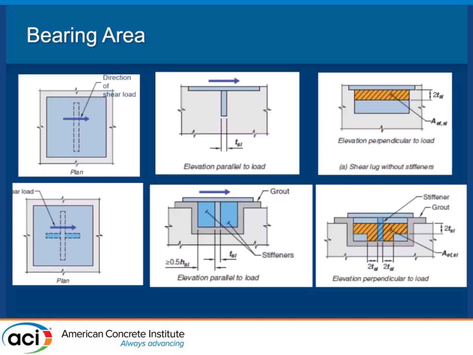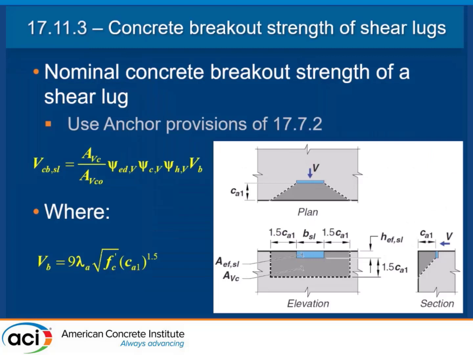So it's 2 times the thickness of the lug. And just because I go deeper doesn't mean I get to use all of it. I can put a stiffener in, and then I can start to get more area here. So there are little things you can play with to increase bearing area.